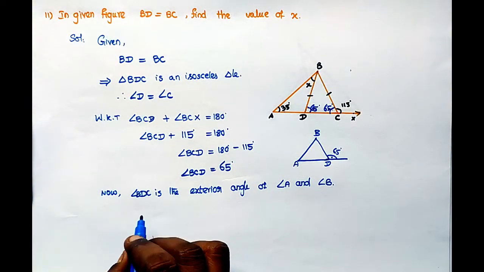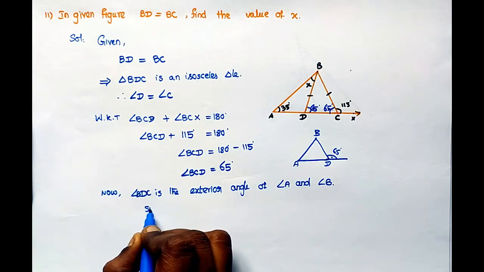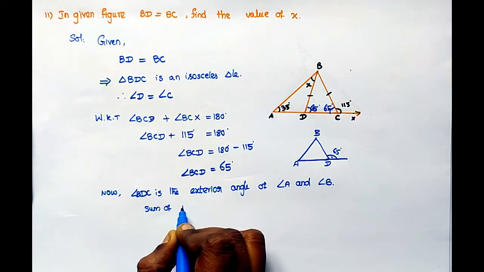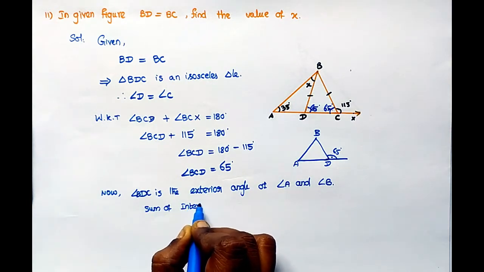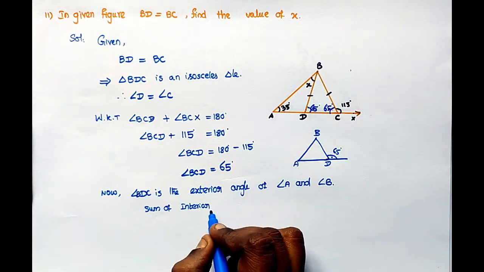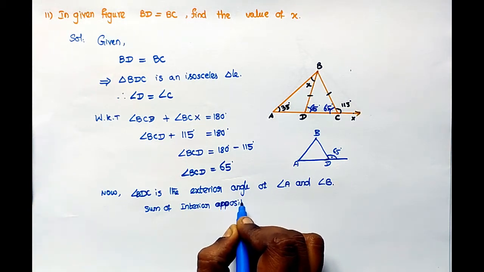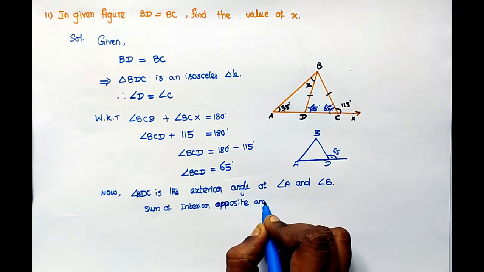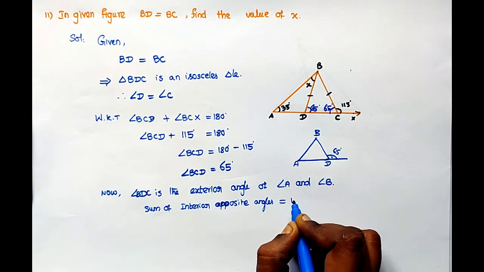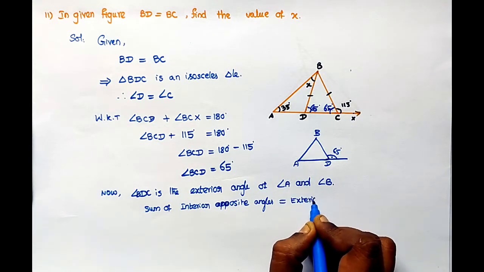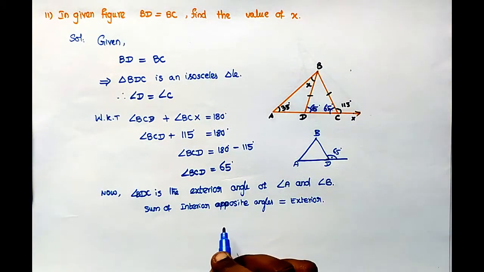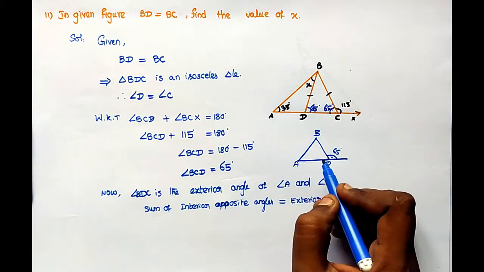So what is the procedure? The sum of the interior opposite angles equals the exterior angle. Interior opposite angles means which ones?